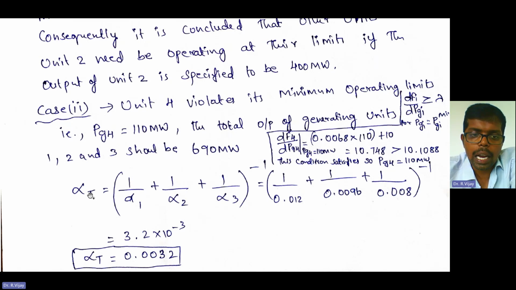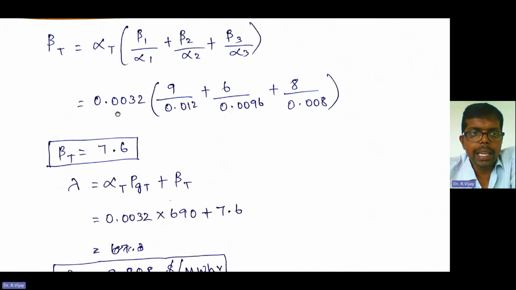So again we calculate alpha T. Alpha T is equal to 1 divided by alpha 1 plus 1 divided by alpha 2 plus 1 divided by alpha 3, the whole inverse. Substituting the values for alpha 1, alpha 2 and alpha 3 and simplifying, we get alpha T as 0.0032, that is 3.2 into 10 to the power of minus 3. Similarly, beta T you need to calculate.